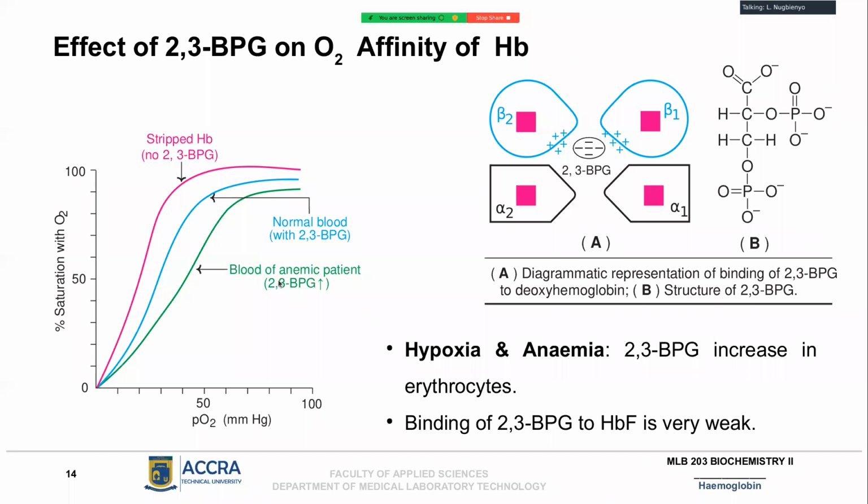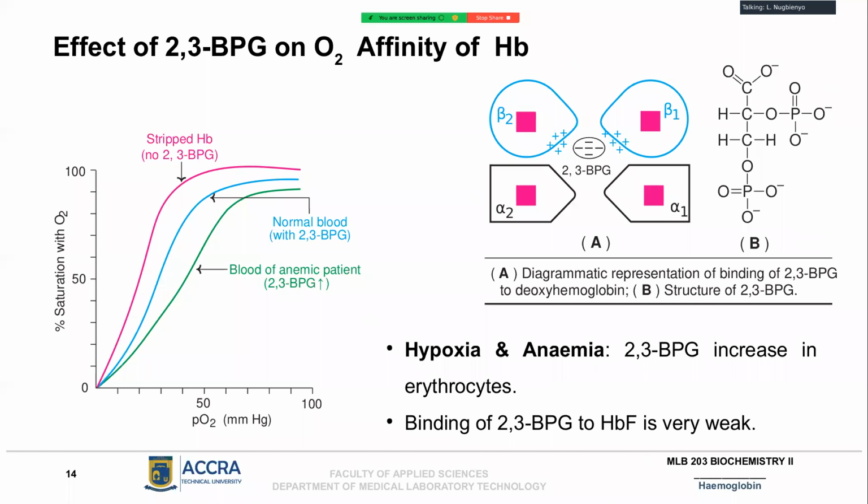Now, what does this 2,3-biphosphoglycerate do? It binds with hemoglobin, as you can see in this structure. It binds to hemoglobin by some ionic bonding to the beta chains. And when it binds to these beta chains, just like when you have oxygen binding to this hemoglobin molecule, it causes conformational changes so that you have the relaxed form.